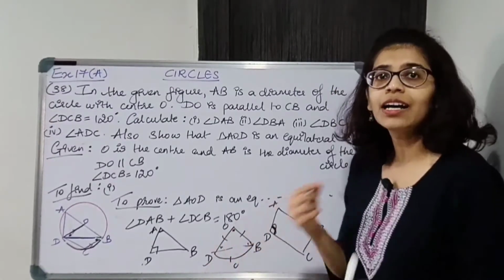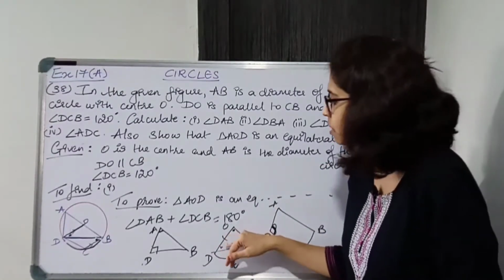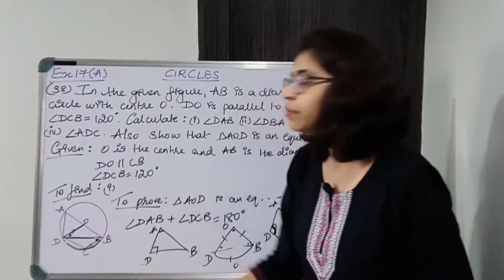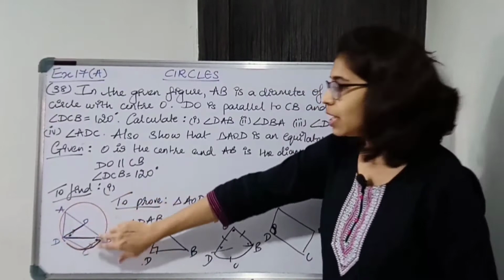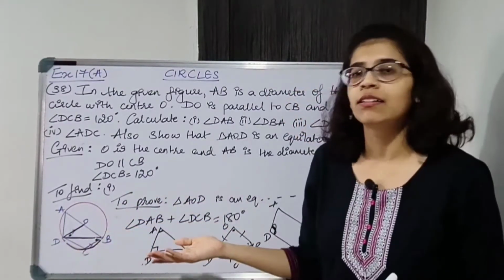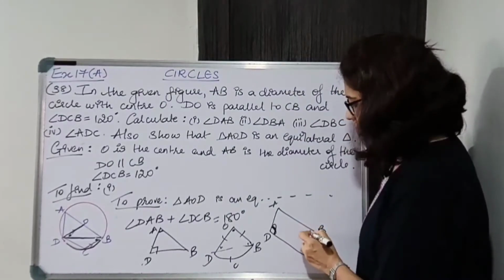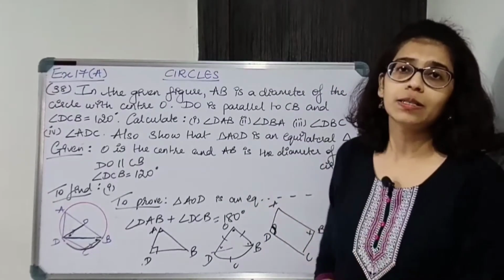ODB and OBD are equal. So when you will be solving, you will be finding the angle for this triangle. Automatically OBD will be found, that is ABD. Adding both the angles, you will get angle ABC. Once you get angle ABC, you can easily find angle ADC.